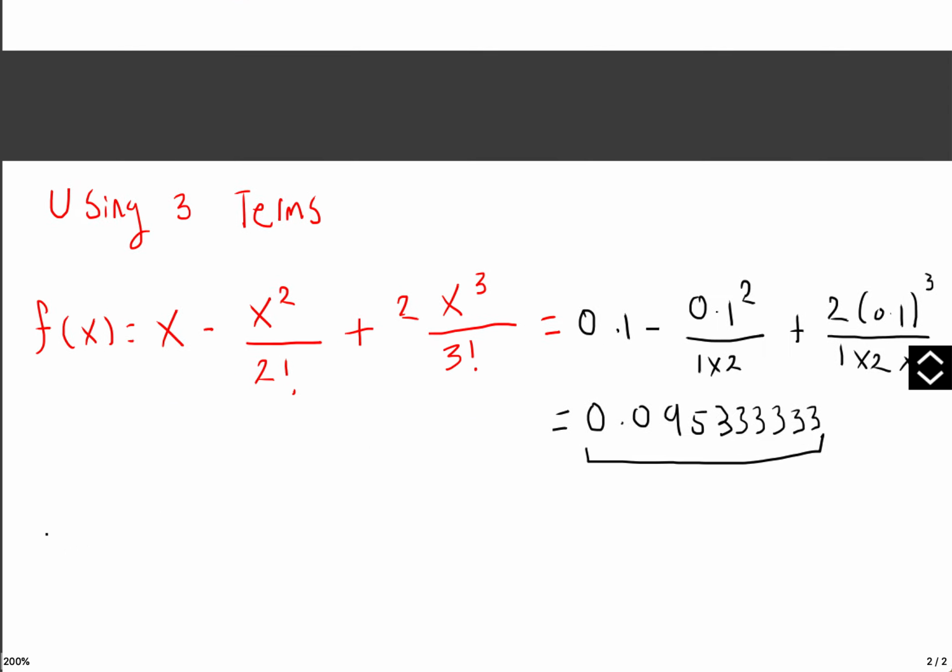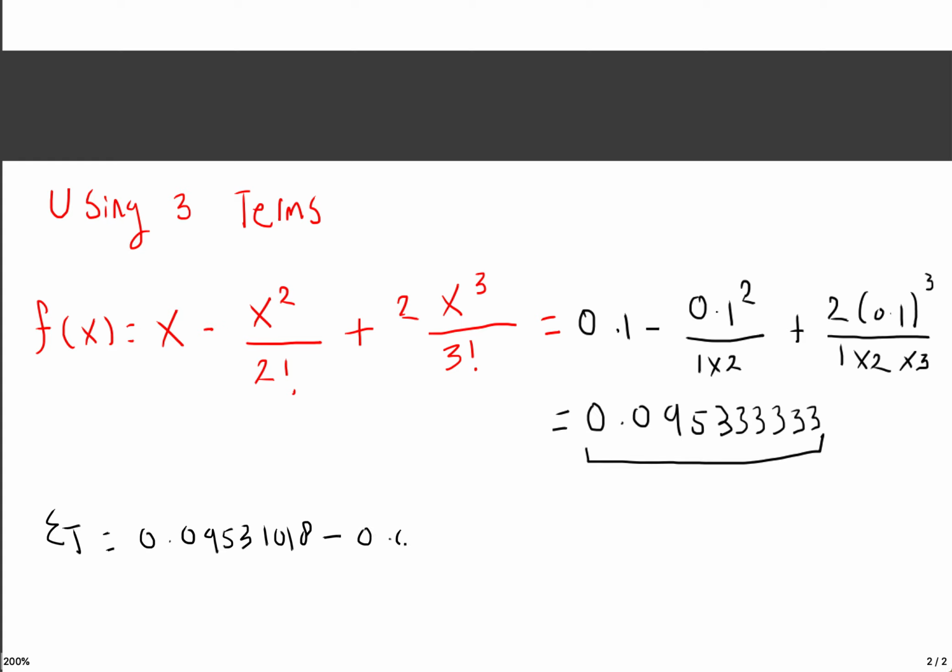And then you just repeat the same process. You calculate ET here, so you use your original value, which we said was 0.09531018.